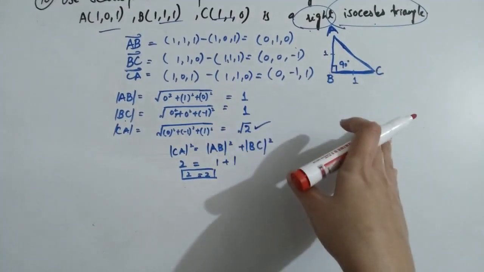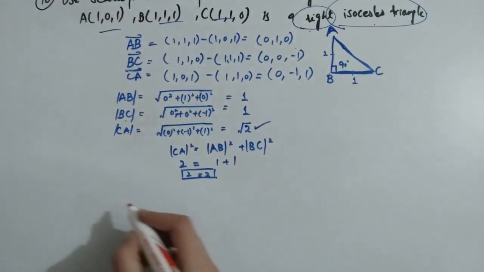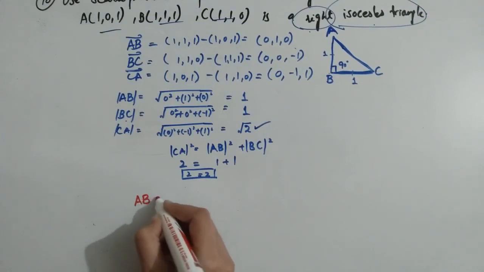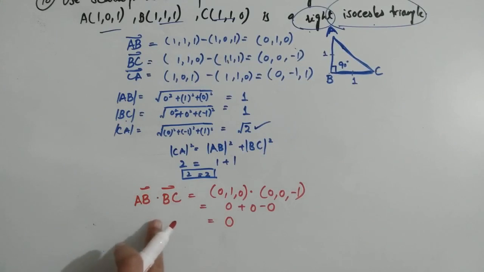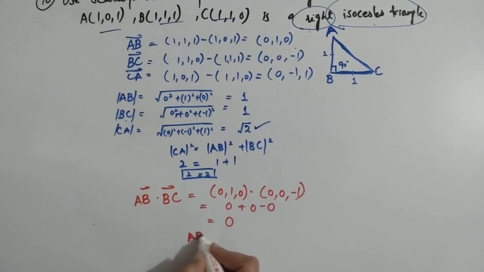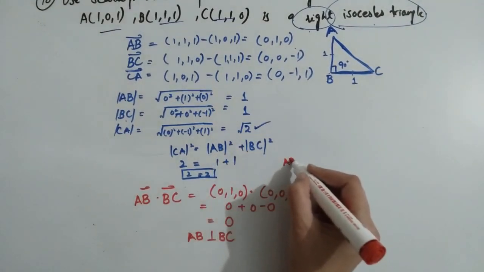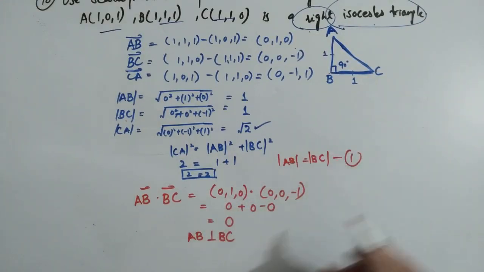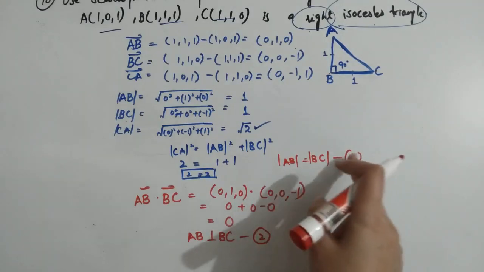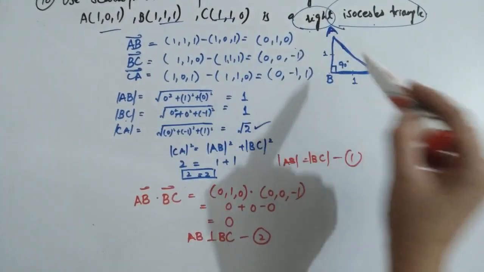If you show that the dot product of AB and BC is 0, then you can show they are perpendicular. Taking the dot product of AB and BC, the answer is 0. It means that AB is perpendicular to BC. So from this and AB magnitude equal to BC magnitude, this is 1 and this is 2. From 1 and 2 it is proved that the triangle with vertices A, B and C is a right and isosceles triangle.